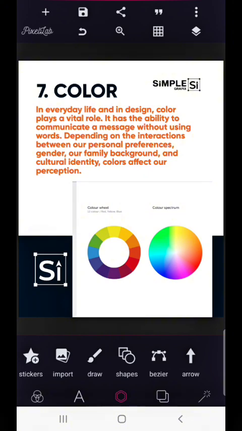For design, we're focusing more on design in your PixelLab or your Canva or your CorelDRAW, your Photoshop, and everything you're going to use to design. There is a way the colors are kept, and they are usually related whichever place you are viewing it from. There is a specific way we know them, and it's called the color wheel. Now there are two sides of it. There is a color wheel, a specific arrangement, and there is the color spectrum.